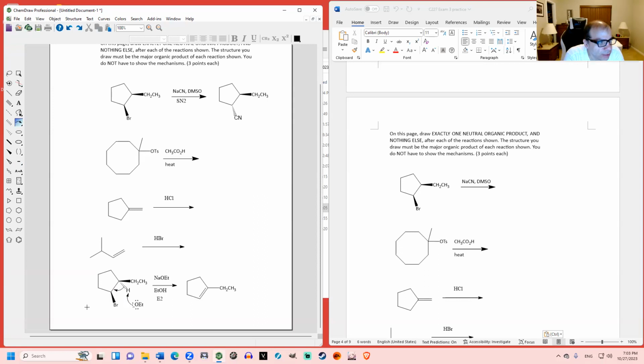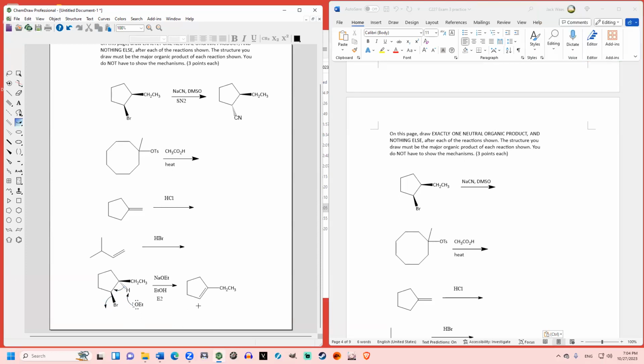Oh, is that too confusing? Let me draw the other arrow this way. That might be a little easier to see. So this arrow means the ethoxide picks up the proton and becomes ethanol. This arrow means the electrons in the CH bond are going in between these two carbons and making a double bond. And this arrow means that we're breaking the carbon-bromine bond and losing bromide as a leaving group. And you get this as the product. So that's what we would need to get an E2 reaction.